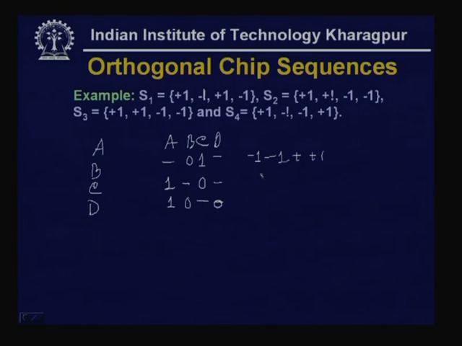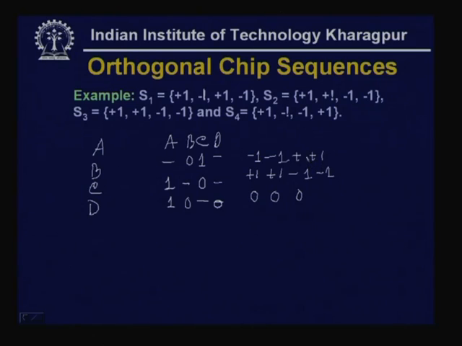Then you have to add with that, that is for C it is plus 1, plus 1, minus 1, plus 1. So, that is your plus 1, plus 1, minus 1, minus 1. So, if you add them it becomes, this is your 0, 0, 0, sorry, this is 0 and this minus 1, minus 1, minus 1.